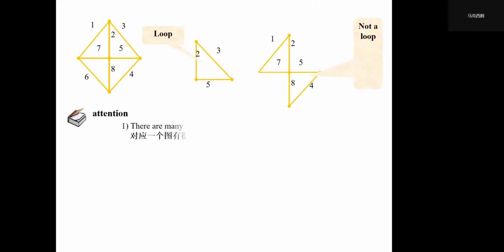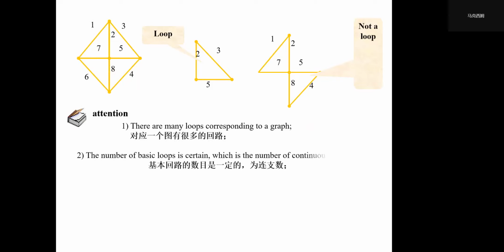From there, we have this conclusion: a graph has many loops, but the number of basic loops is certain. Although the basic loops may not all be identical, their number is certain, and it equals the number of connected branches.